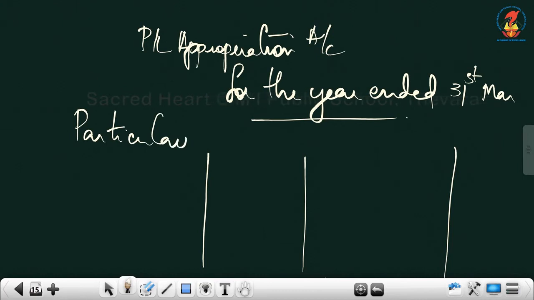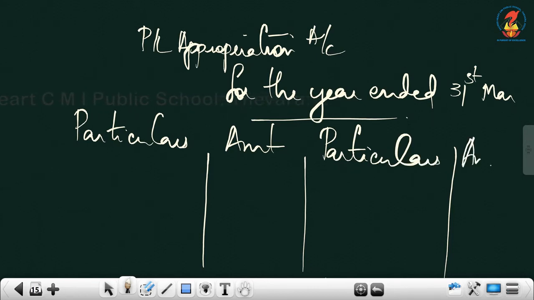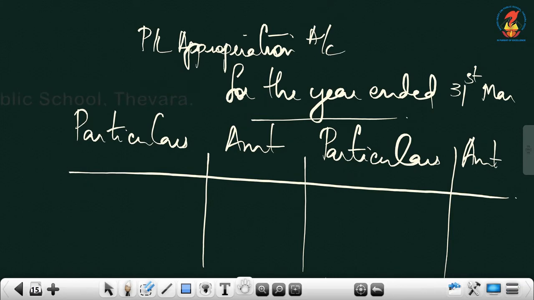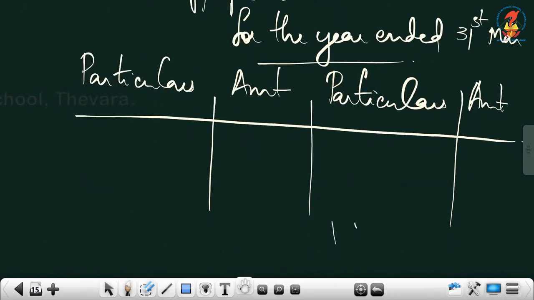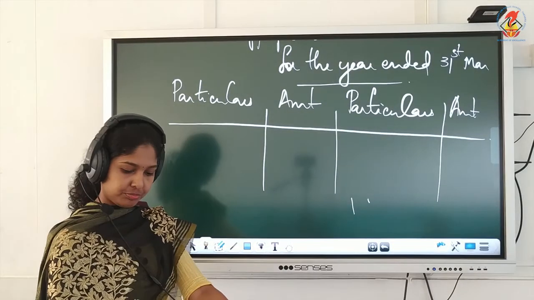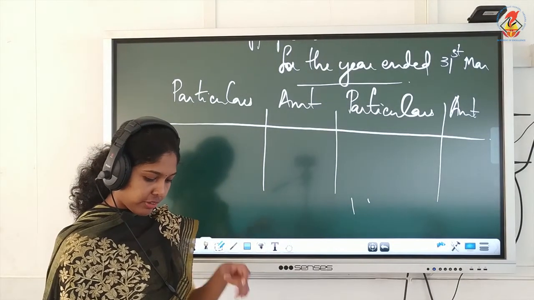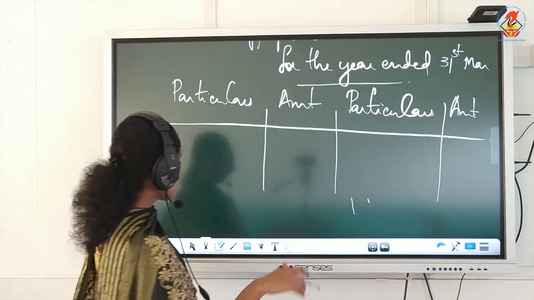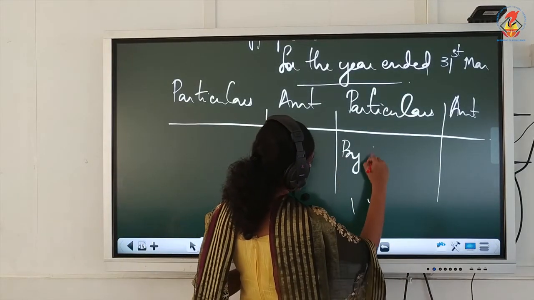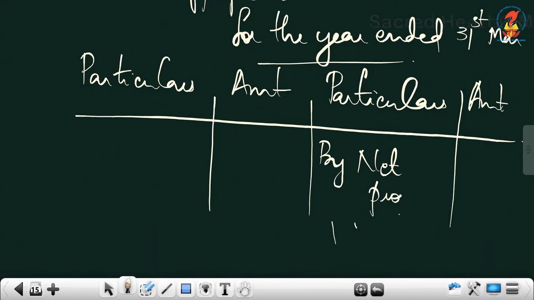You have to start with net profit, and here net profit is 2,50,000. So you write by net profit. In your textbook they have written by P&L, since it is taken from P&L.